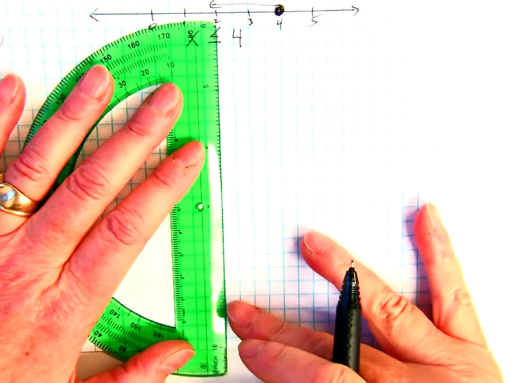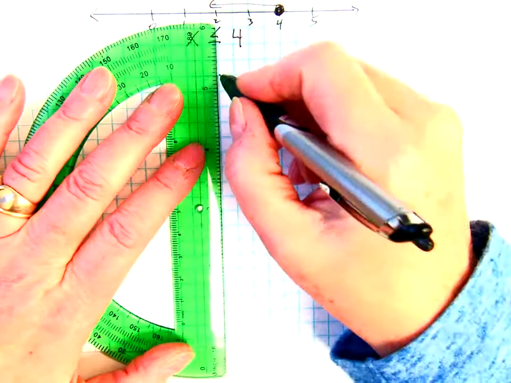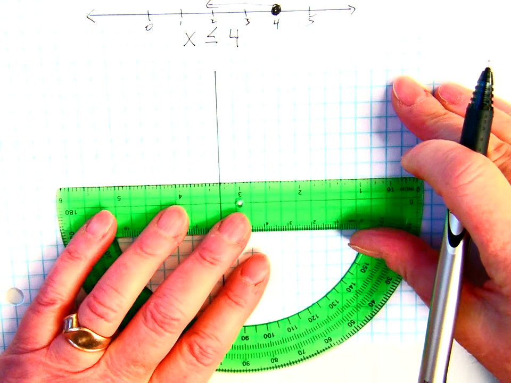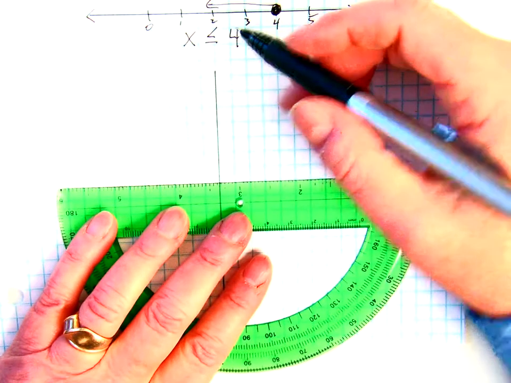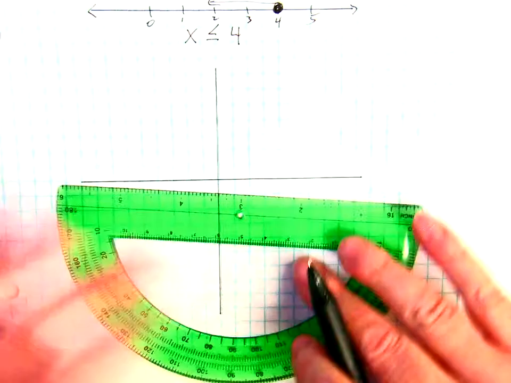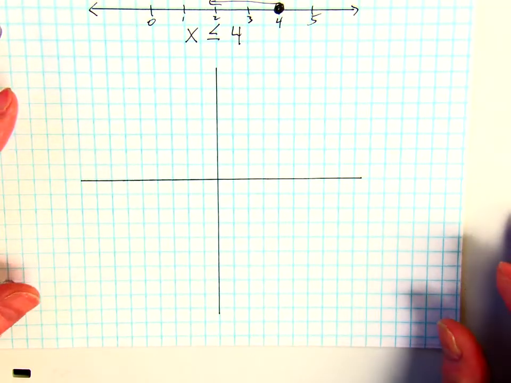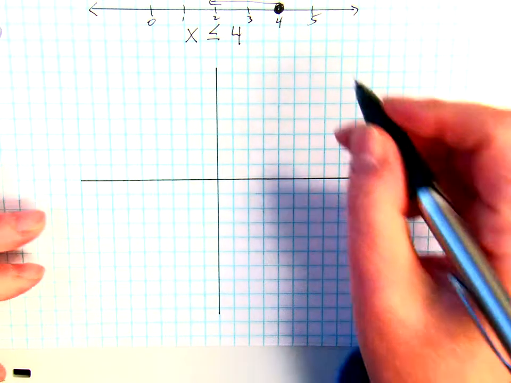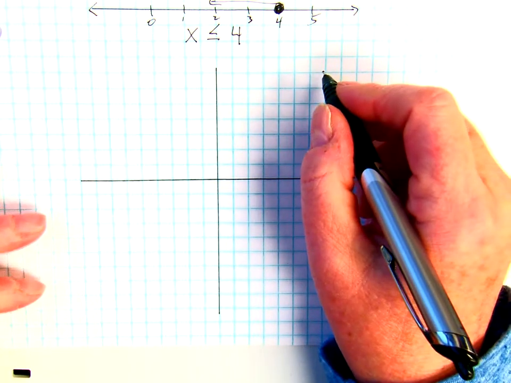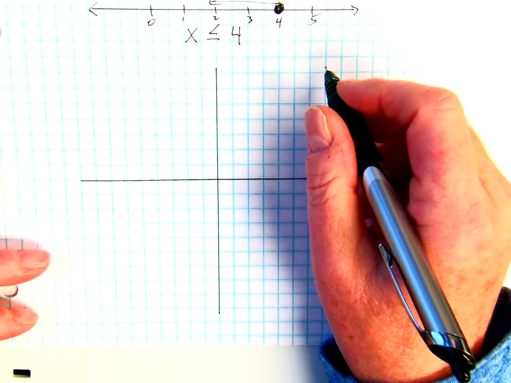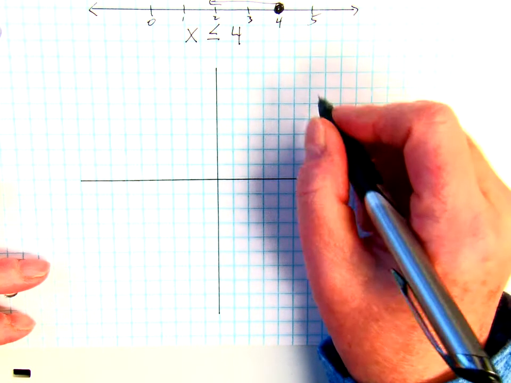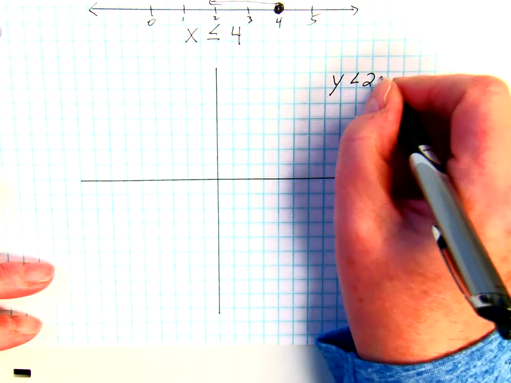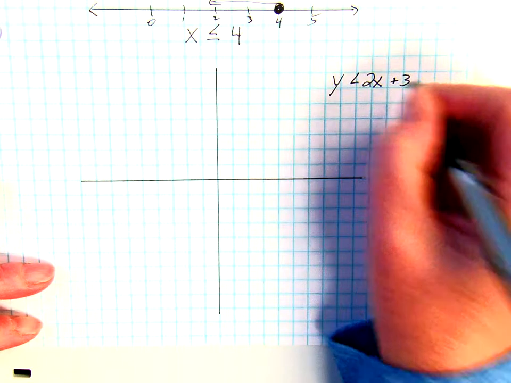Let me go ahead and throw a coordinate plane on here, and let's say just something very simple. Let's do y is less than 2x plus 3.